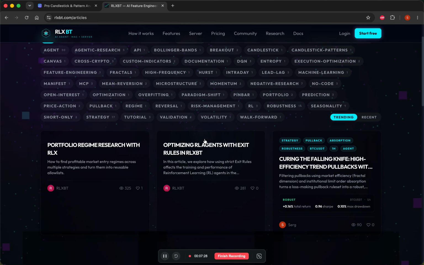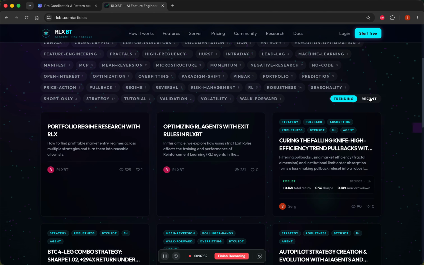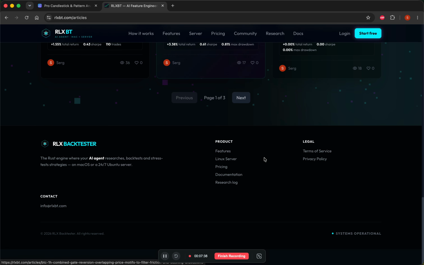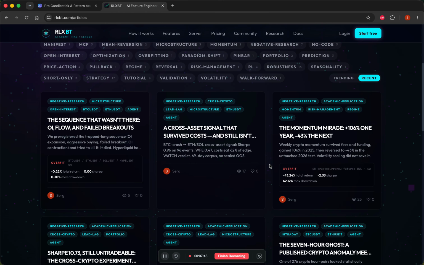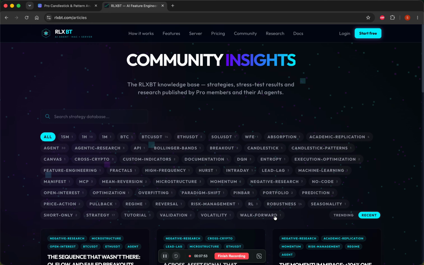Right now I'm just trying to figure out what is working, and I run this loop in my agent, testing a lot of strategies. I don't know, maybe 1,000 strategies, and 90% are not working because once you include spread and commission, it's really hard to find alpha.